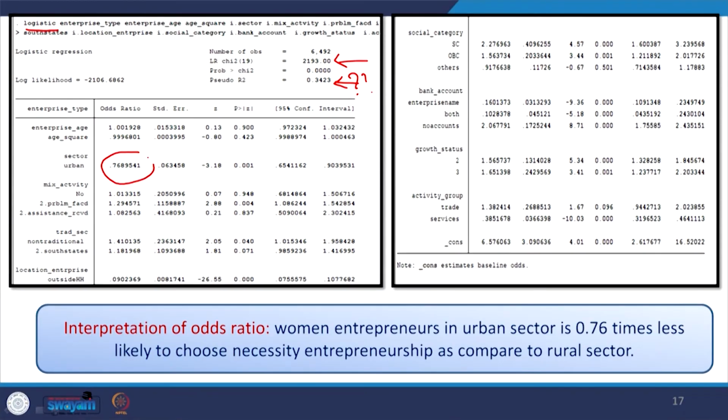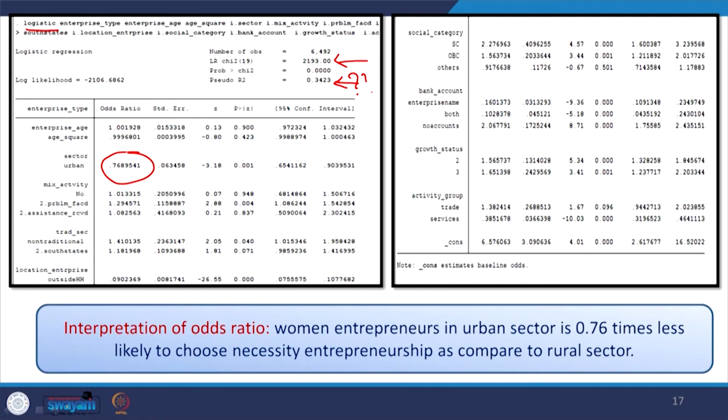Like here, this variable we have already seen was minus 0.262, but now look, it is negatively linked, because as I told you, these are in odds ratio.